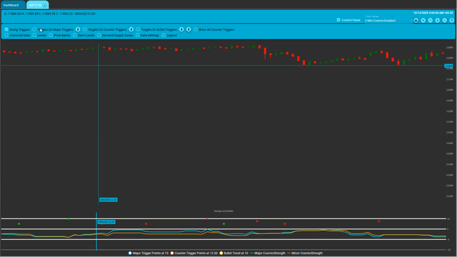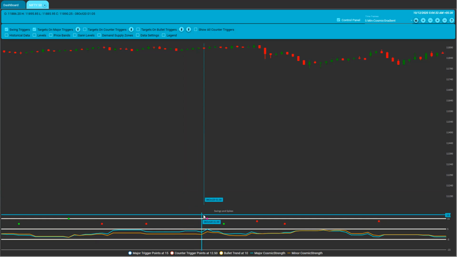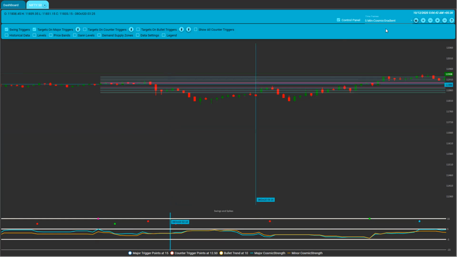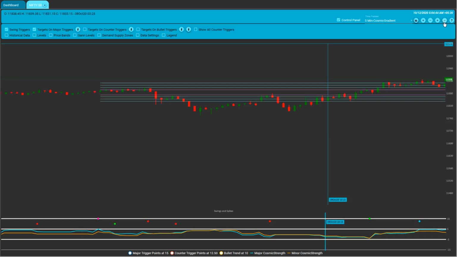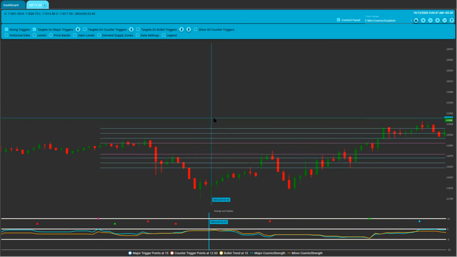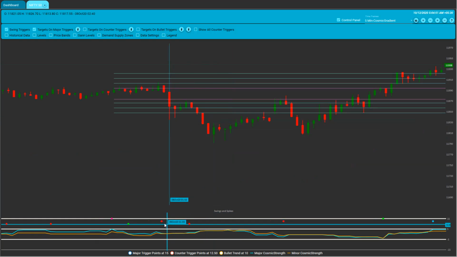Now check Major Trigger. Bring your cursor here. The graph will be plotted at this point, clearly indicating one of five, right?